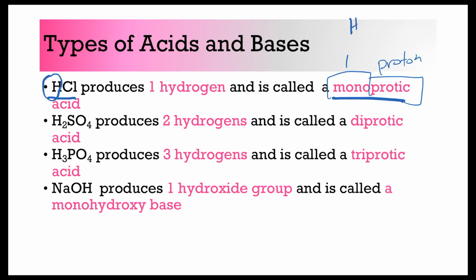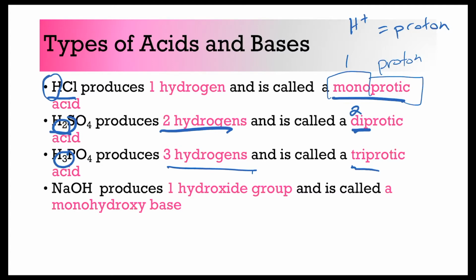We said a few lessons ago, H+ is the same thing as a proton. H2SO4 gives off 2 hydrogens, so we call it diprotic. Di means 2, so 2 protons. H3PO4 gives off 3 H's, so it's triprotic. Tri means 3, so 3 protons.